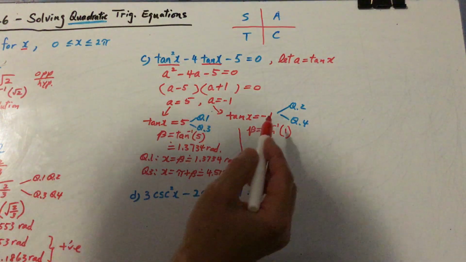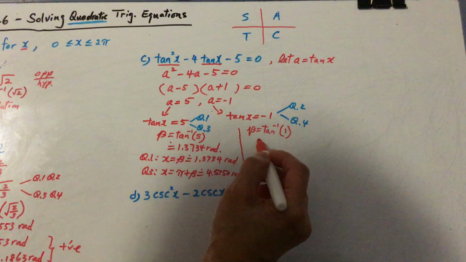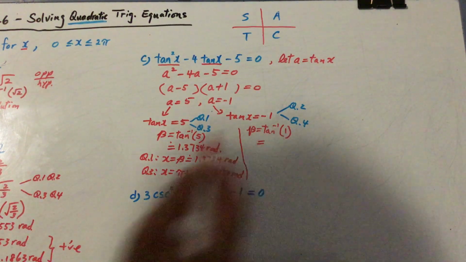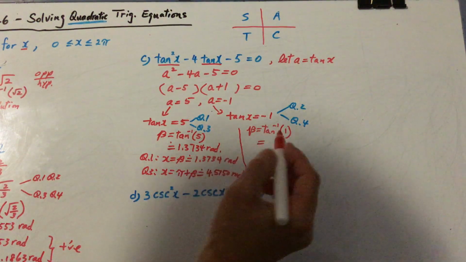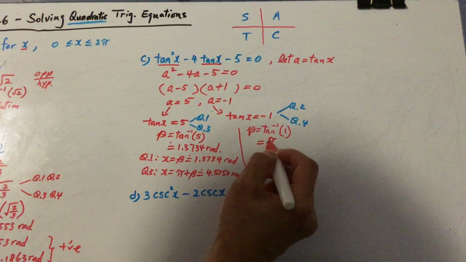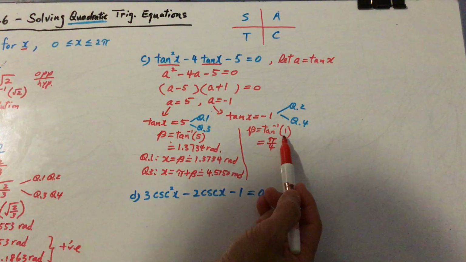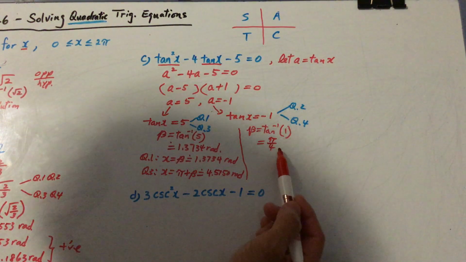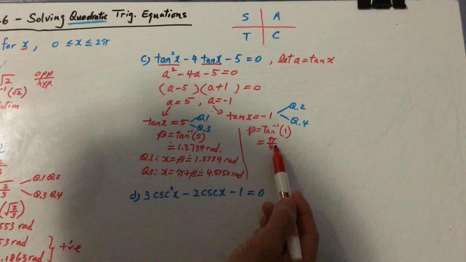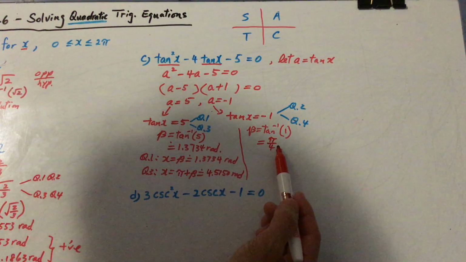And you know that when tangent is equal to 1, this angle is a special angle, pi over 4, the 45 degrees. Opposite 1 over adjacent 1, 1 root 2. So this is one of the special angles.